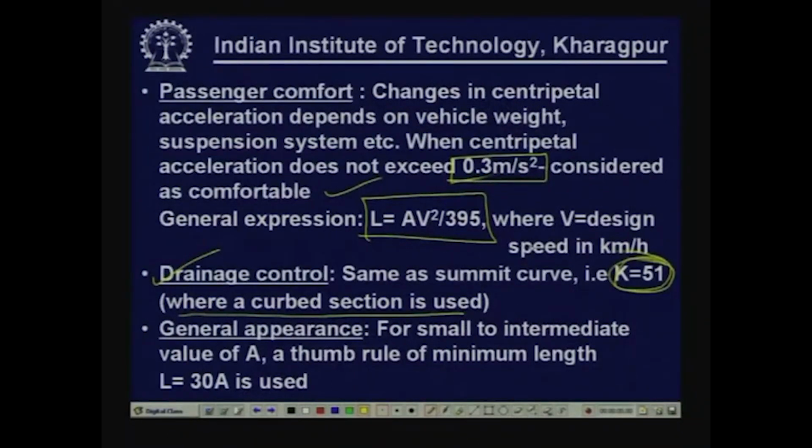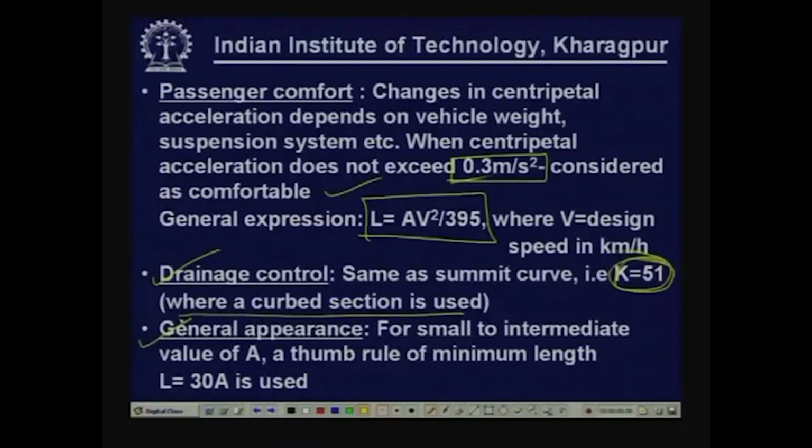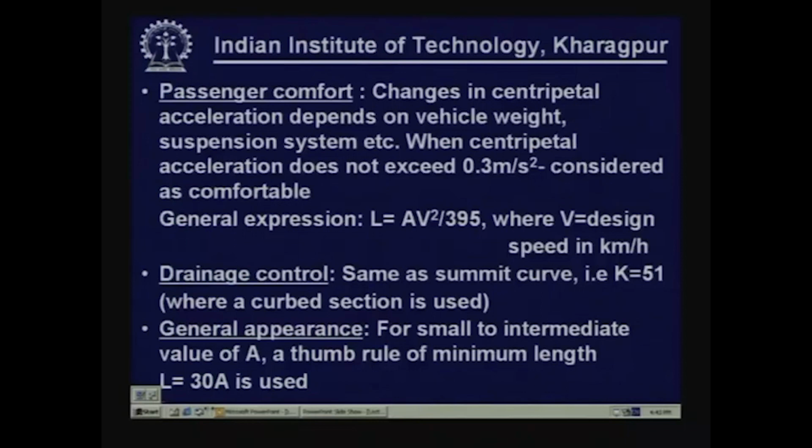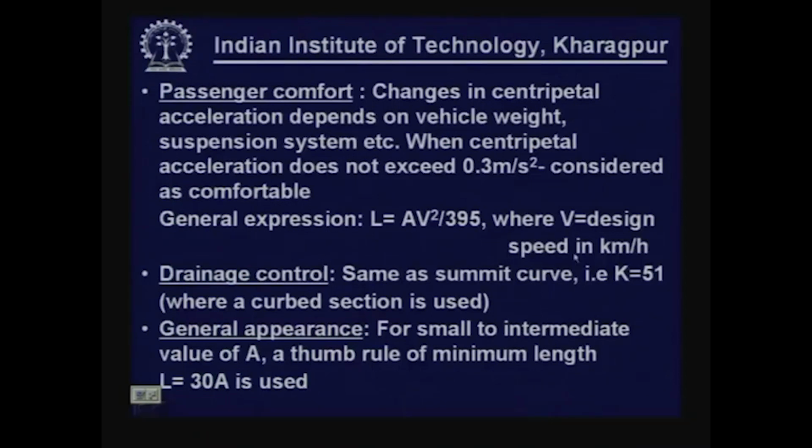Here also K equal to 51 is used as a limit. Now, general appearance is another criterion considered for design. For small to intermediate values of A, a rule of thumb is used and length is calculated like this: L equal to 30 A. So, these are the 4 different criteria that are used: headlight sight distance, then passenger comfort, then drainage control, and general appearance.